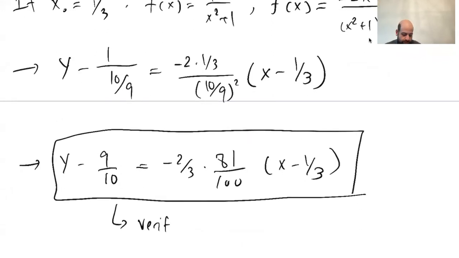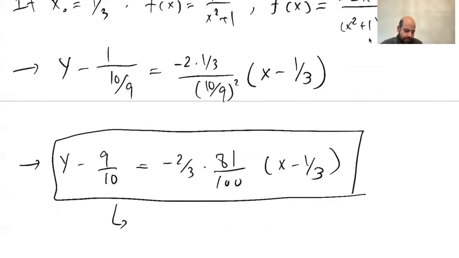We can verify that. Unless the question asks us to verify, we don't have to. But just for peace of mind, if you have extra time in the exam, you can verify if you like.